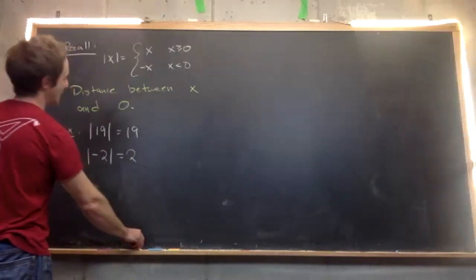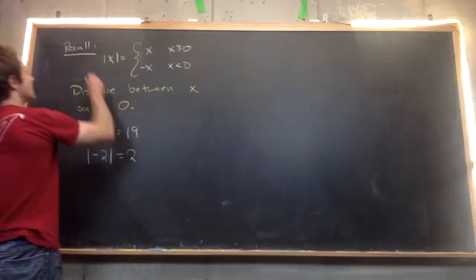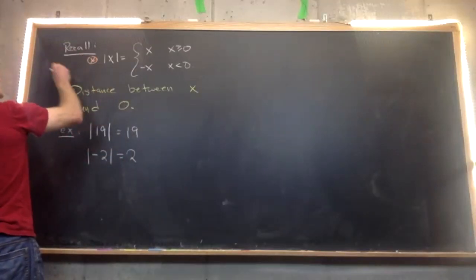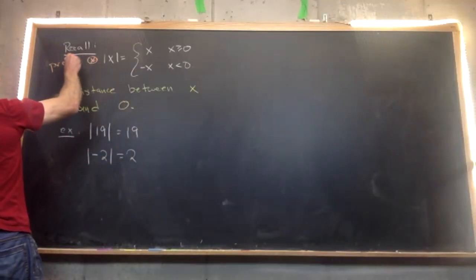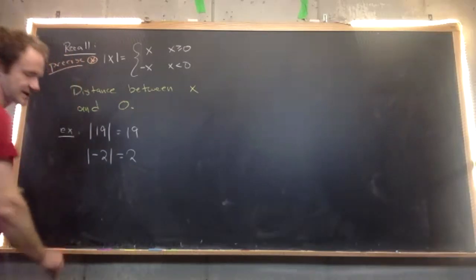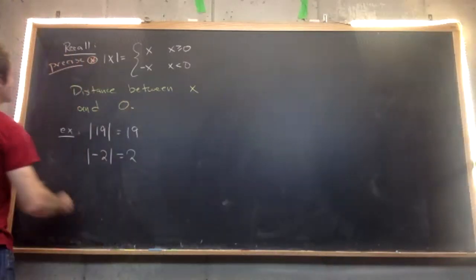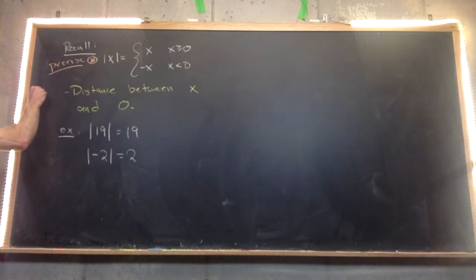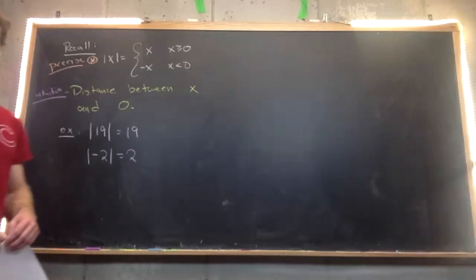So like I said, this up here is maybe the precise way to think about this, but this right here is maybe the intuitive way to think of it, just the distance from 0.